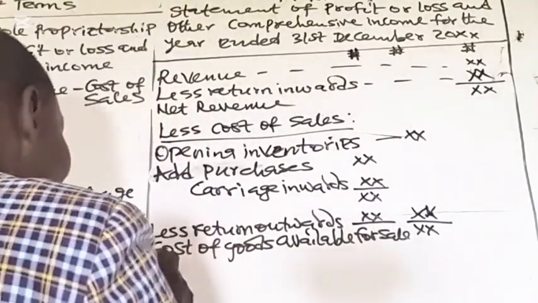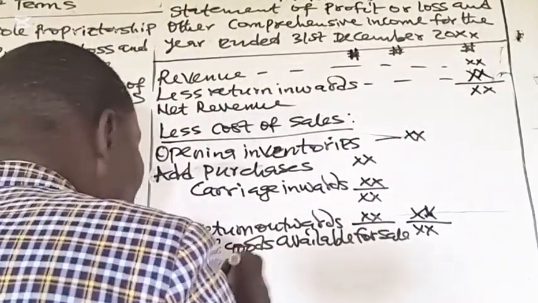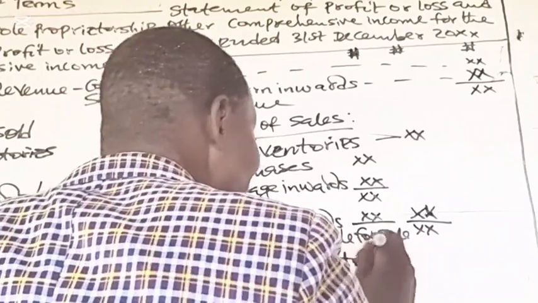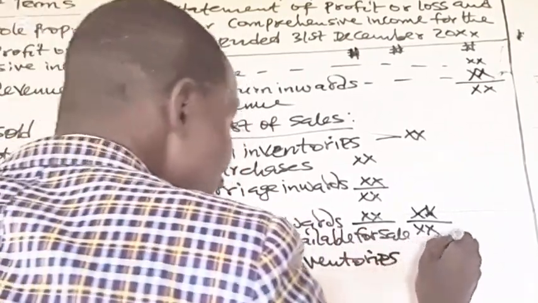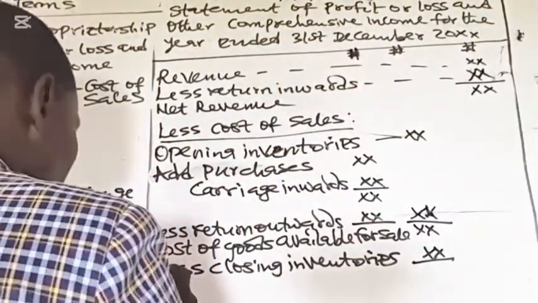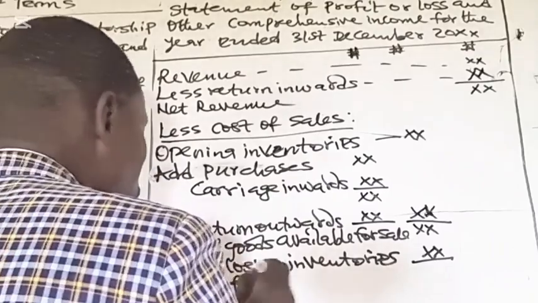Then you now subtract less closing inventories. So this is available for sales. If you now subtract the closing inventory, that means the remaining one will be the cost of goods sold.